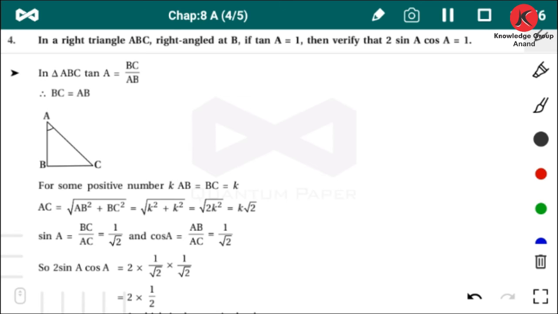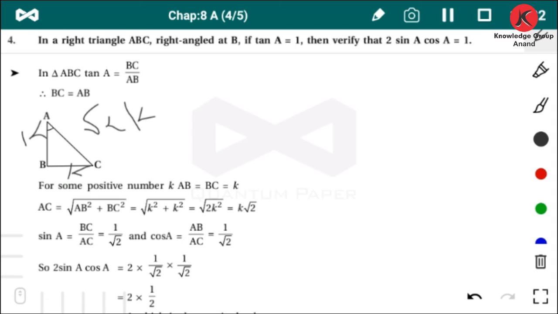Therefore AC is root 2K, or K root 2. So BC is equal to K, AB is equal to K, and AC is equal to root 2 K.